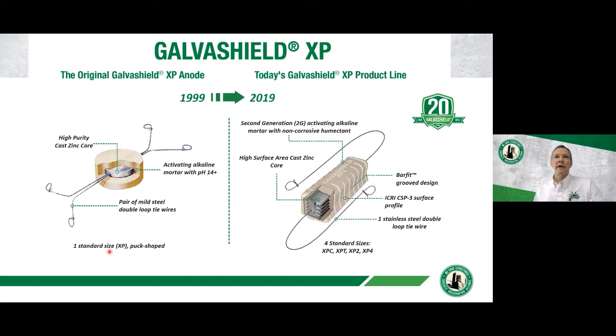There was only one product, and 20 years later, there's multiple sizes of anodes. We have improved the activating mortar surrounding the anodes. We've improved the zinc cores so that you have higher performance, higher current output capabilities, but there's more options available than there were 20 odd years ago.